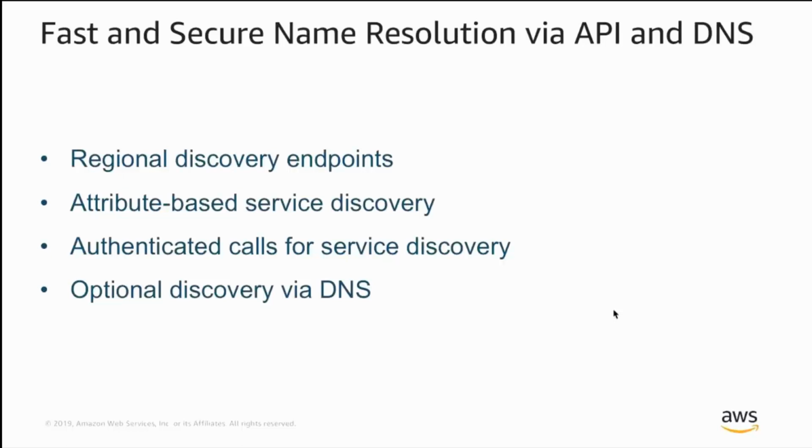You can use attributes for better discovery. All the calls are authenticated. And of course, you can use DNS-based discovery, DNS queries, to get your names via DNS if you don't need any additional attributes.